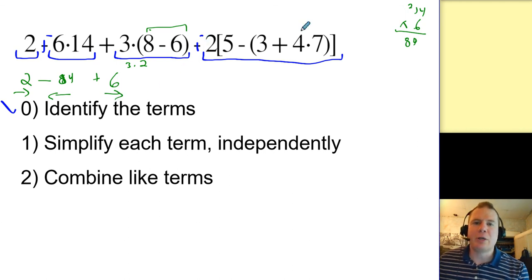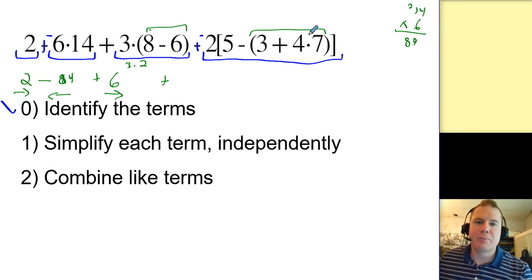That brings me to my last term here. There's a lot going on here. So before I start doing 2 times 5, I'm going to have 2 times this big mess. Why don't I just calculate what's in here first, right? The parentheses are telling me do these operations first, then take that value, subtract it from 5.